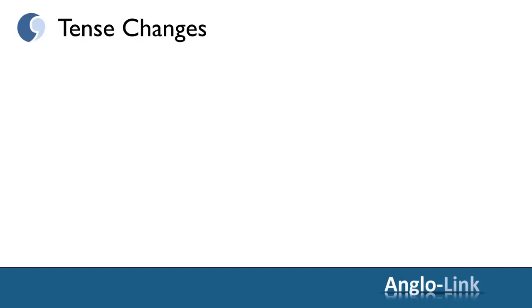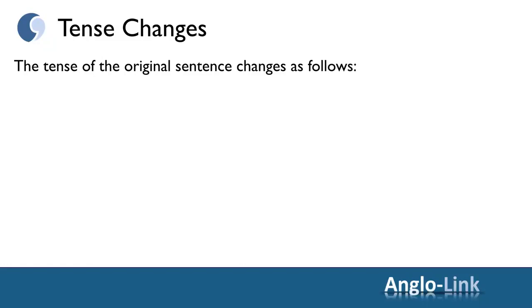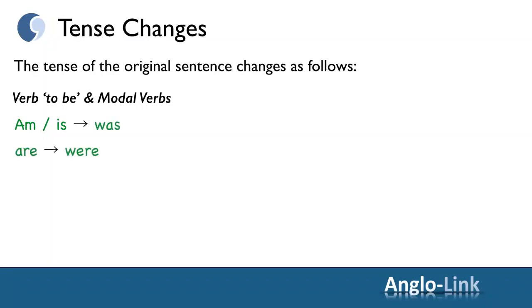Let's look at how different tenses change in reported or indirect speech. Let's start with the verbs to be and modal verbs. Am and is change to was. Are changes to were.